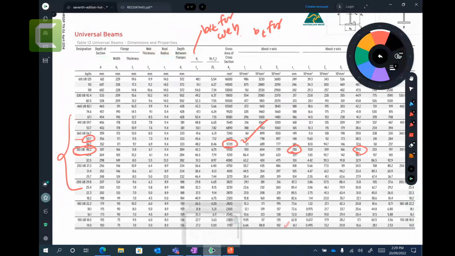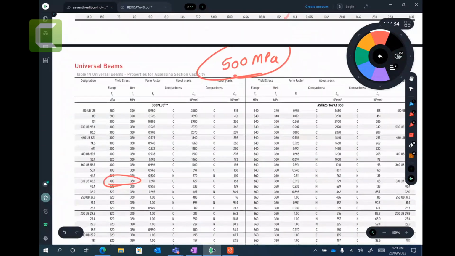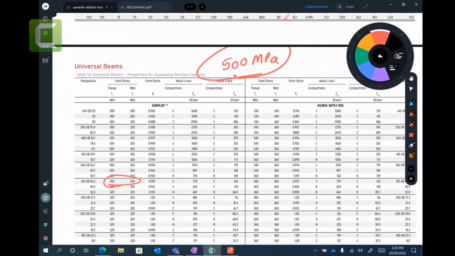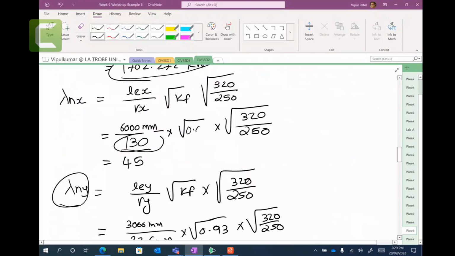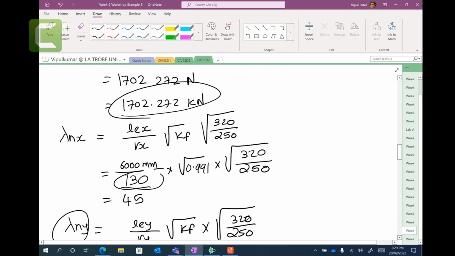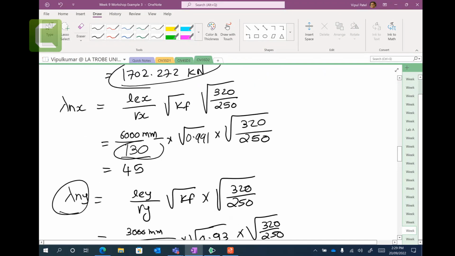Lambda x is 130: 6000 divided by 130 times kf, 0.991, times the square root of 320 over 250.